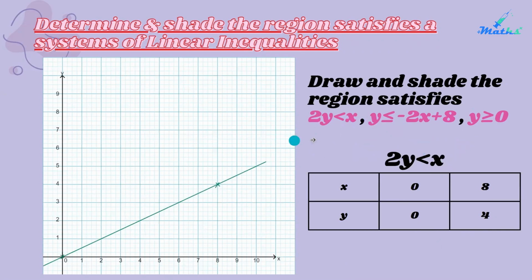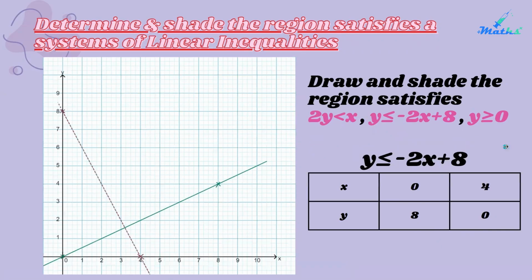This is the first line, and the second line is y less than or equal to negative 2x plus 8. Since it's less than or equal to, the line is solid, and for less than, the line is dashed.